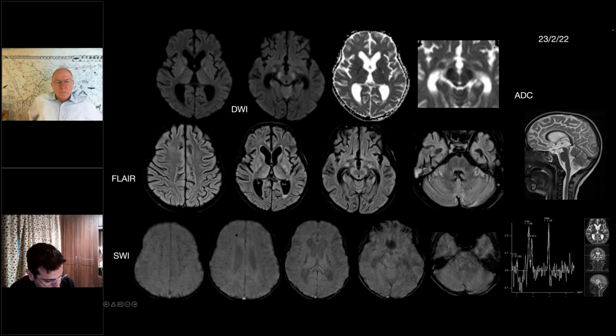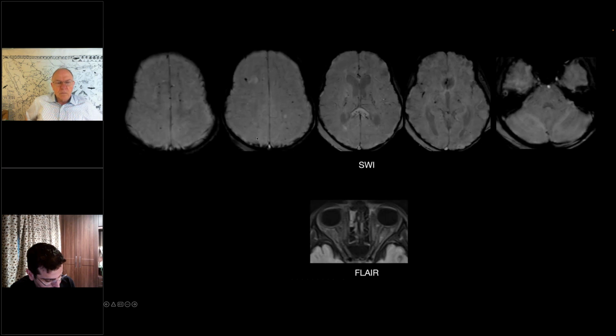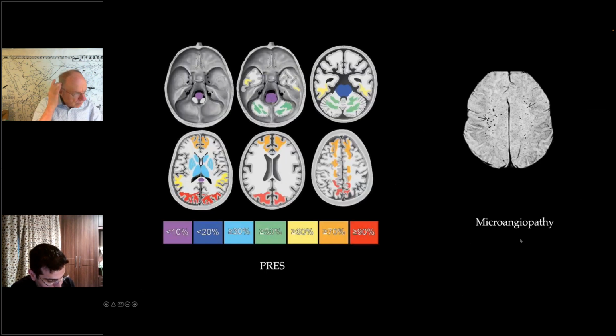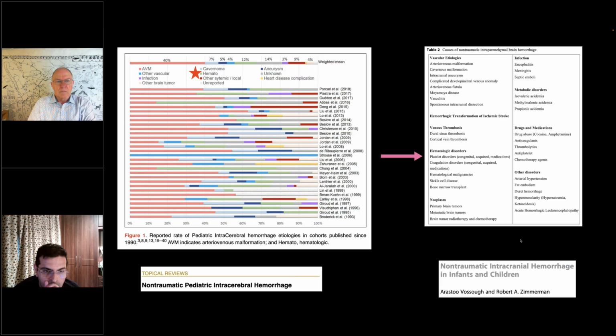The cerebellar changes had almost completely resolved. Even the right frontal change, there's interval reduction in the right frontal lesion. Again, microhemorrhagic foci in the bilateral cerebral hemispheres. Nothing specific on the spectroscopy. At this point, given the kidney injury and hypertension, we thought of thrombotic microangiopathy, causes of non-traumatic hemorrhage.